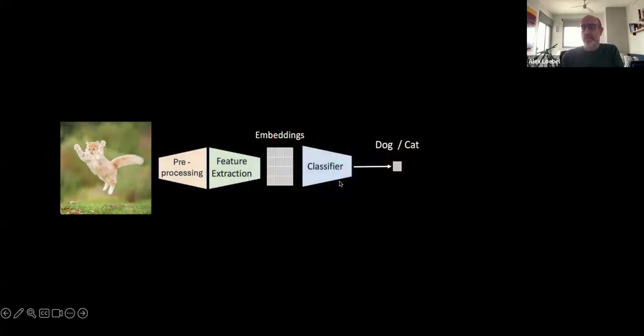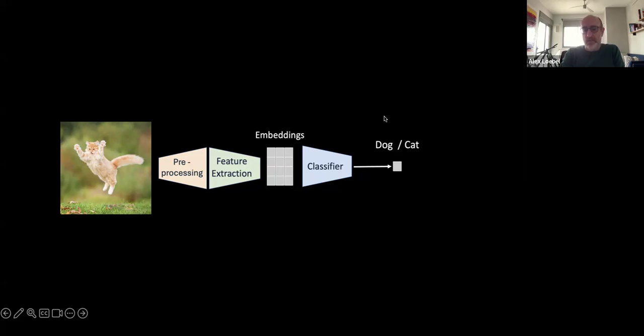And this is a high-level view of the architecture: you have an image, it goes through some pre-processing, then features are extracted and turned into embeddings. The embeddings transform the image into a set of numbers that the AI model can then use to classify whether the image is a dog or a cat.